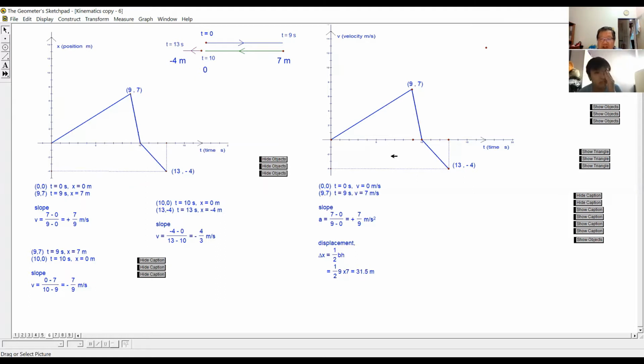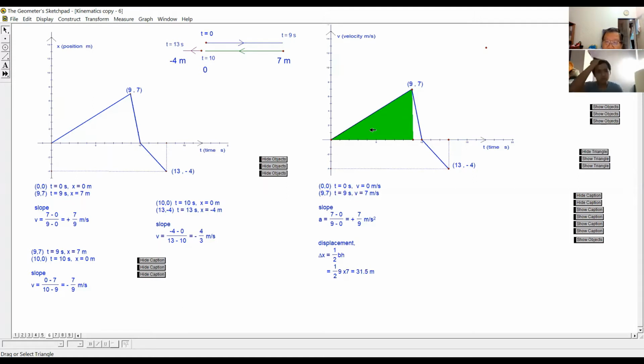So another hidden quantity is this displacement, or the change in position, delta x. This change in position is given by the area under the graph. So this is the area.